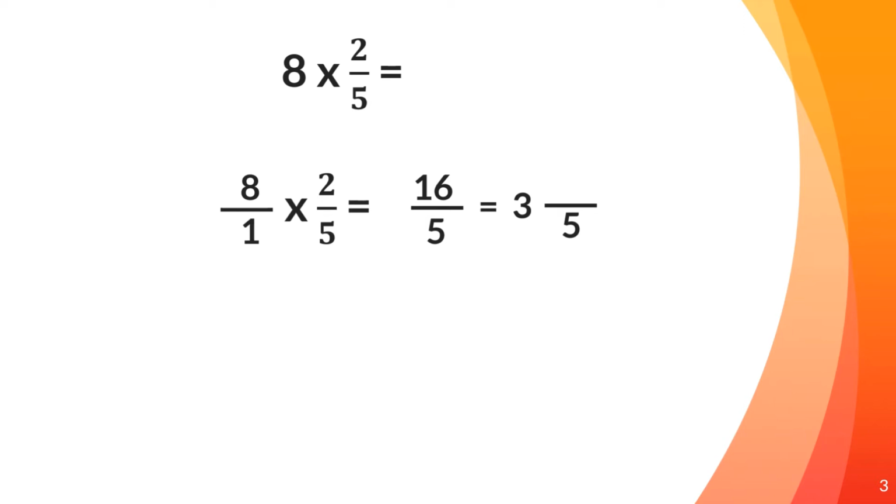And then, isubtract lang ninyo dun sa original na numerator na 16. 16 minus 15, and that is 1. So, the new fraction now is 3 and 1/5. The lowest term of 16/5 is 3 and 1/5. So, 8 times 2/5 equals 3 and 1/5.